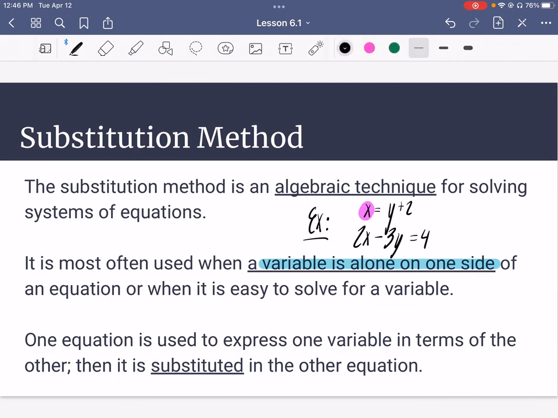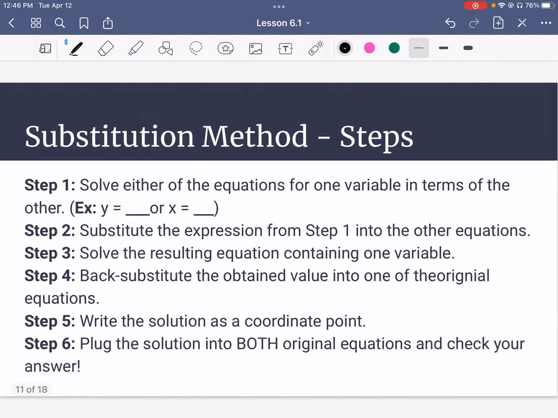If you already have one of the variables isolated, like here we have x alone on one side of the equation, then substitution is usually going to be our quickest or easiest method. The reason we call it substitution method is because we take what that variable is equal to, and substitute it in for that same variable in the second equation.